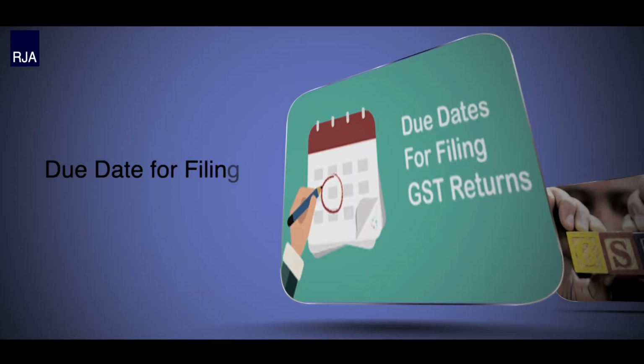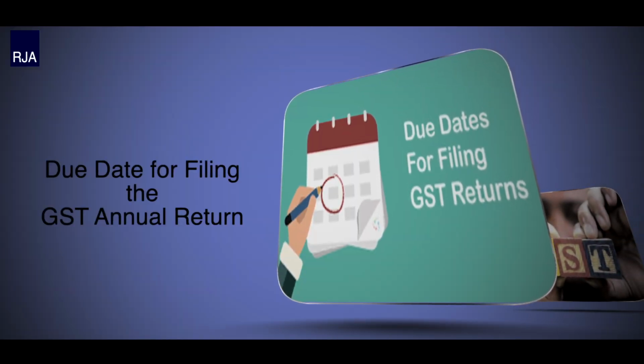Now, having discussed in brief the GST annual return, we come to the due date for filing the GST annual return. Generally, the due date for the filing of GST annual return is 31st December, which comes after the end of the respective financial year for which the annual return is required to be filed.